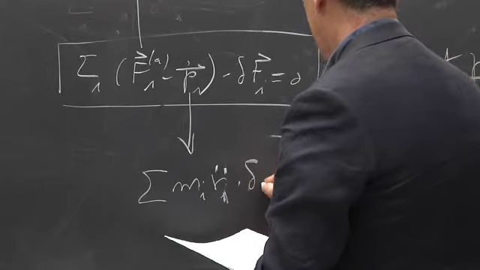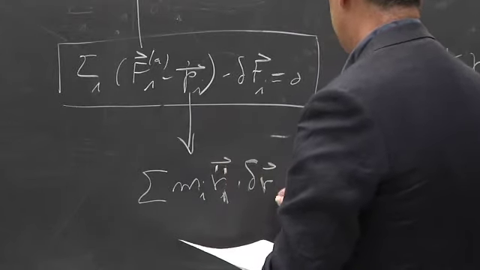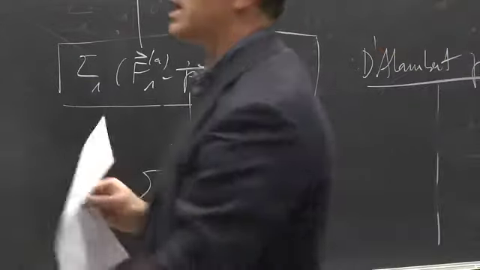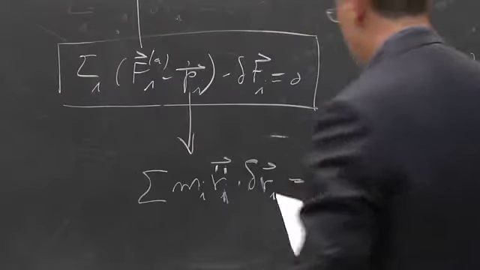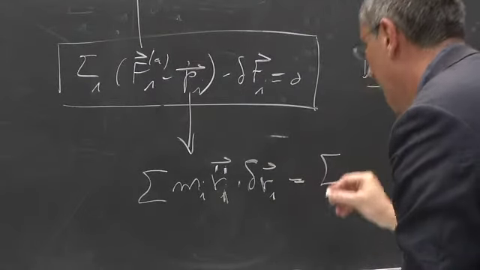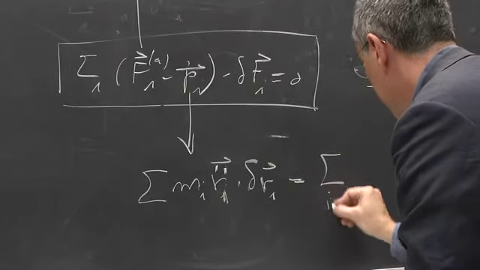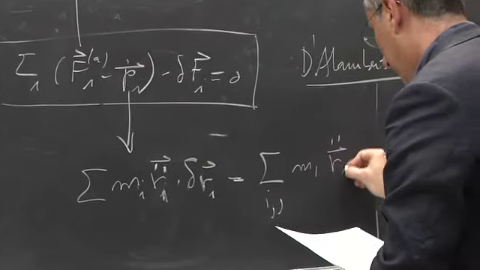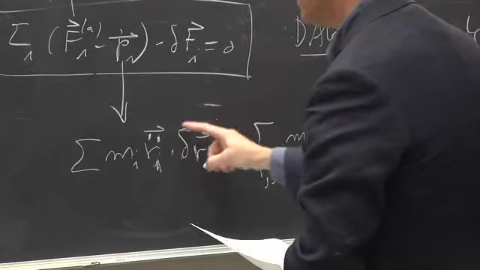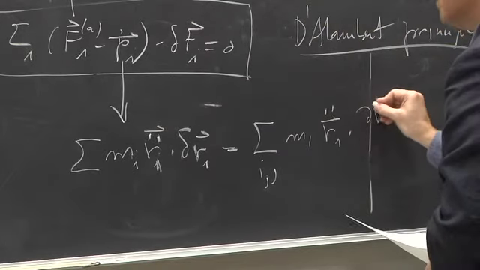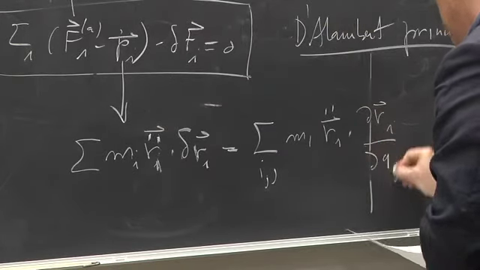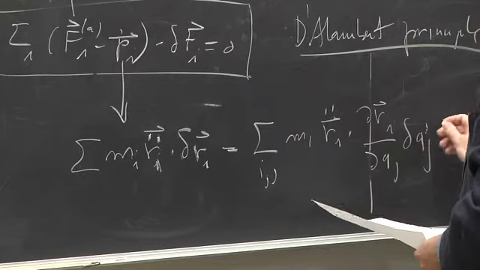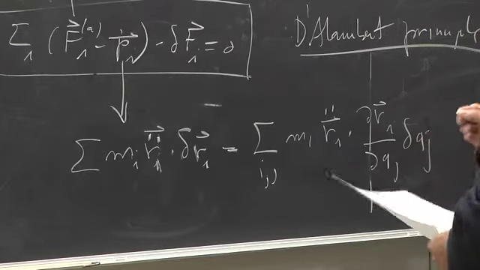And this is the scalar product of this vector here times the position. And again, I have to change from my r_i to this q. So I replace, here you have a sum over i and j, m_i r dot dot i times, instead of this, I put my partial derivative of r_i with respect to qj, delta qj. It's just mathematics.